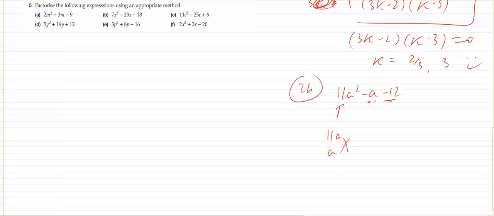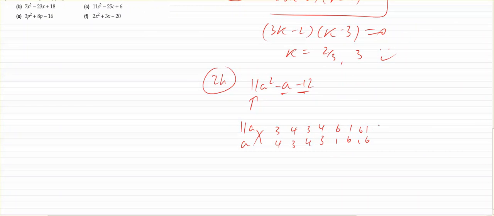We've got negatives here. Okay, so we've got 3, 4, 4, 3, 6, 1, 1, 6, and what's my other possibility? We've got 3, 4, 12, 1, 1, 12.